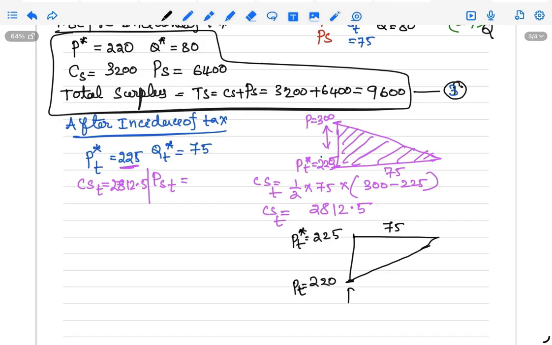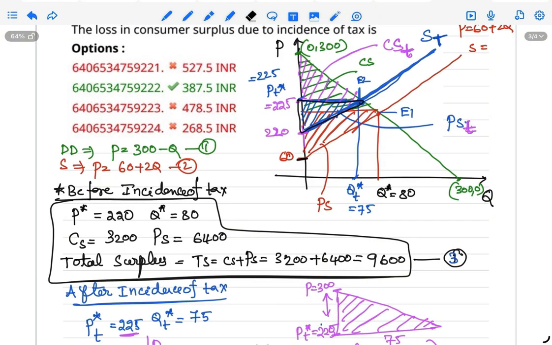So PS, producer surplus after incidence of tax, equals half times 75 times 225 minus 60. Actually we don't know this value. We know only PT star after incidence of the tax, 225, and this intercept 60.